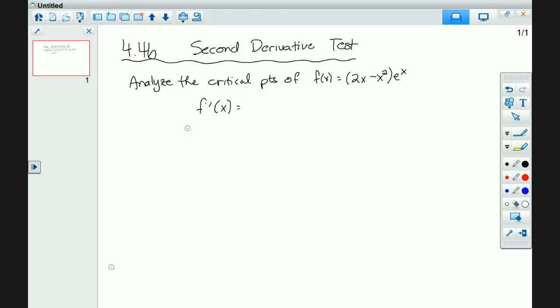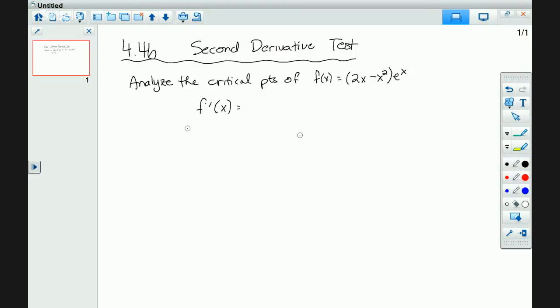I'm just checking for understanding here. Product rule? You don't have it memorized yet. Tisk, tisk. 2x minus x squared e to the x plus e to the x times 2 minus e to the x. That would work. Yes, that would work. I do it opposite, but you can do it that way too.